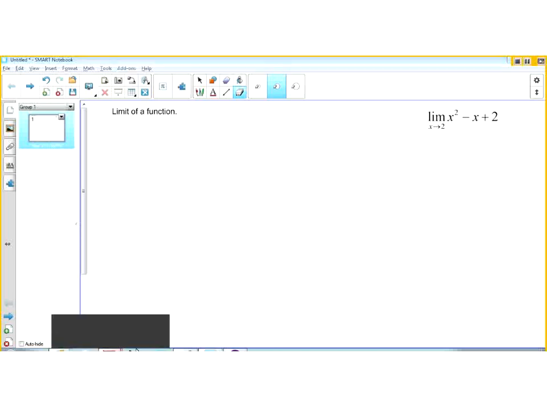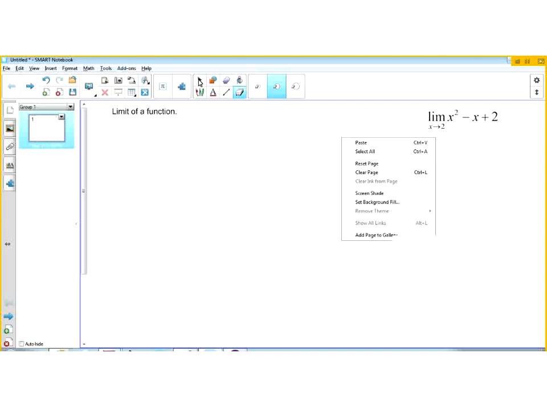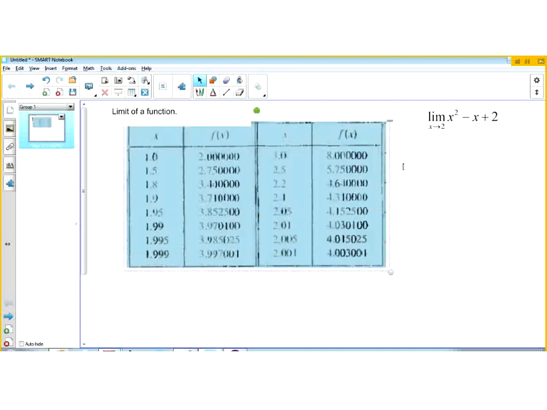So bear with me while I insert the table. Okay, so consider this table. It's a multi-column table.